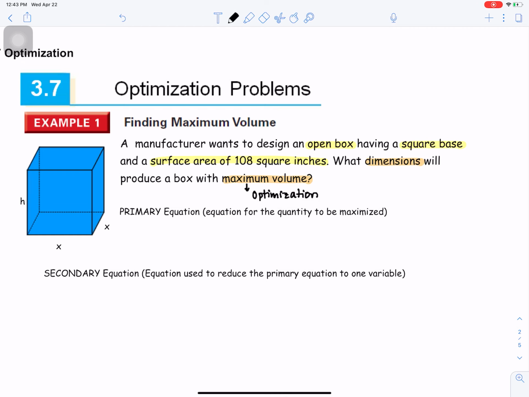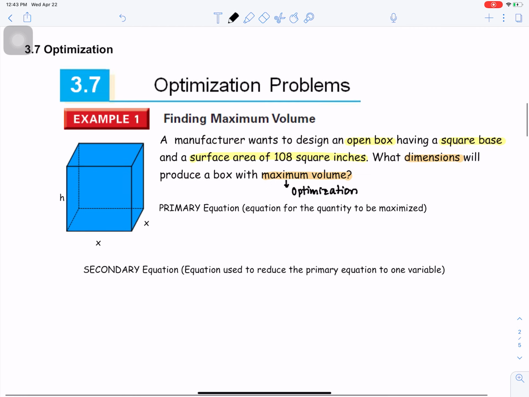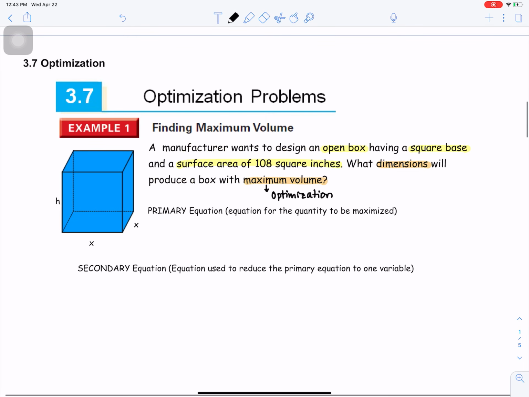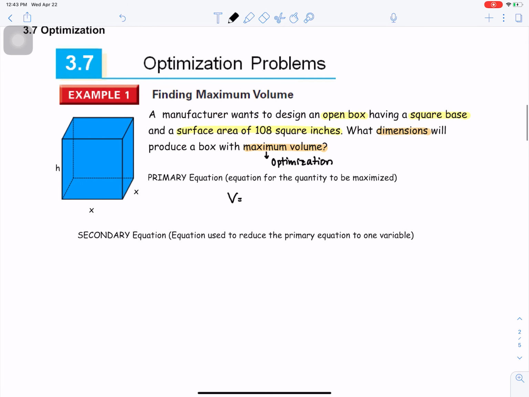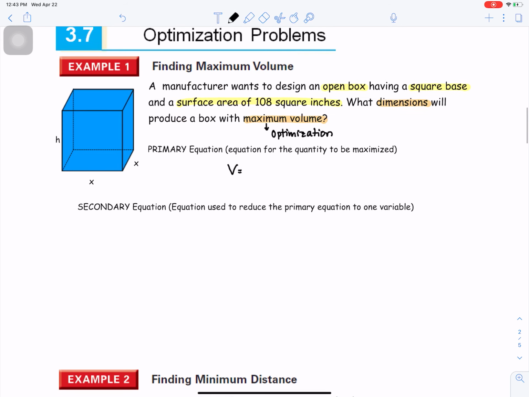Okay, what are we trying to maximize? We're trying to maximize the volume. So the volume will be my primary equation. They give me information about a surface area, so that's going to be my secondary equation. They've already described variables for our box. They label the bottom of the box x by x because it's a square, and then the height of the box is h.